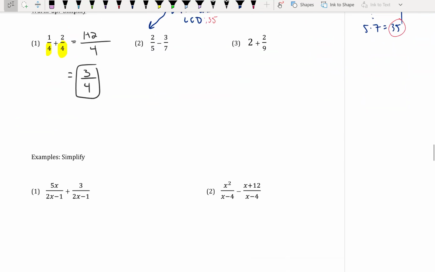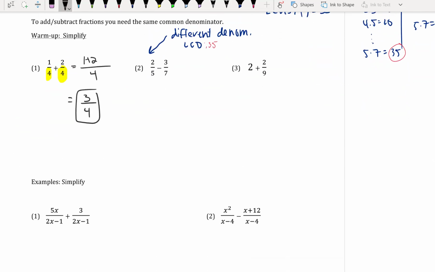So now that I've explained that, I'm going to rewrite my fractions. So I have 2/5 minus 3/7. Since I want the lowest common denominator to be 35, I'm going to multiply that first fraction by 7. And whatever I do to the bottom, I must do to the top.